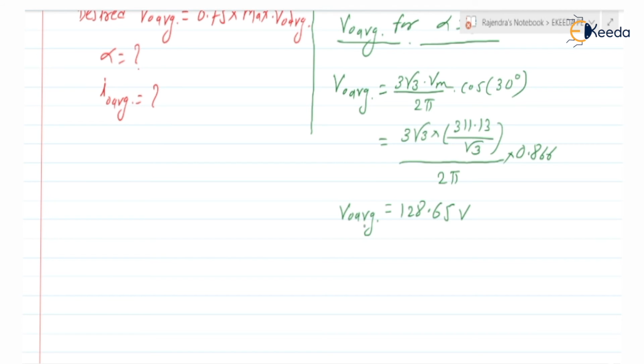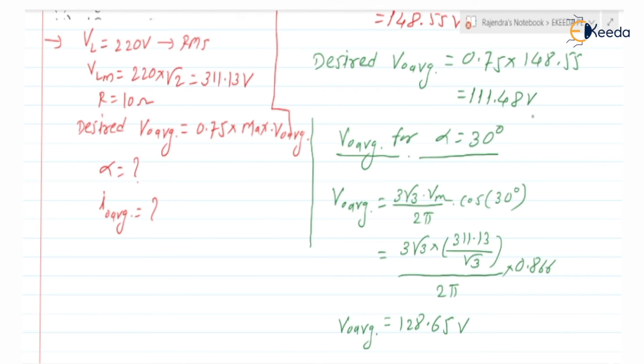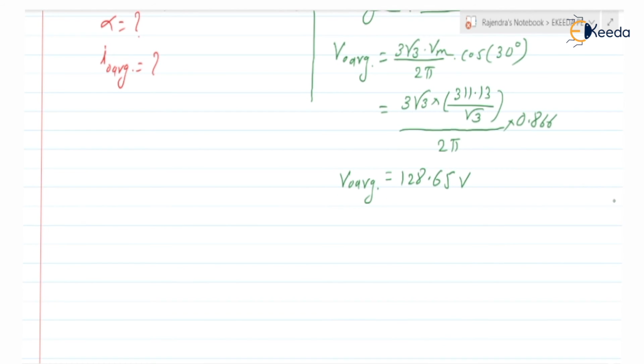Now if this is the V0 average for alpha equal to 30 degree, and we compare the desired V0 average with it, the desired V0 average is lesser than the V0 average for alpha equal to 30 degree. So can we say that the alpha corresponding to the desired V0 average should be greater than 30 degree? Yes. So we can write: desired V0 average is less than V0 average for alpha equal to 30 degree.